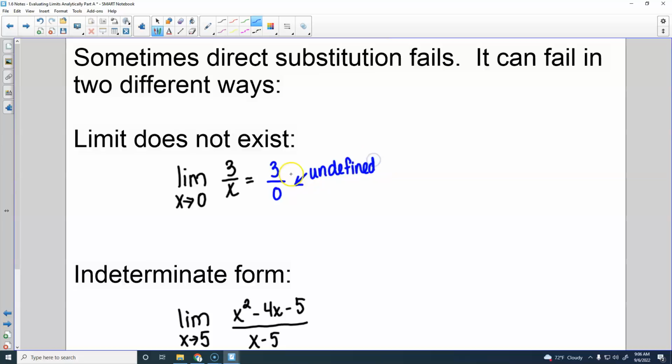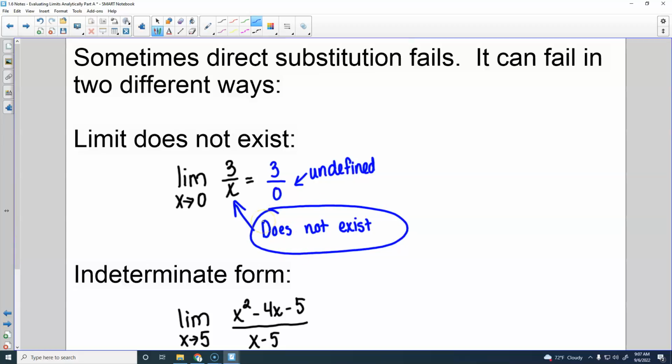Now, I'm saying that 3 over 0 is undefined. But what do I say about the limit? The limit here does not exist. Okay, so the number 3 over 0 is undefined when we try to do that, but the limit does not exist. Does not exist is your answer for this.